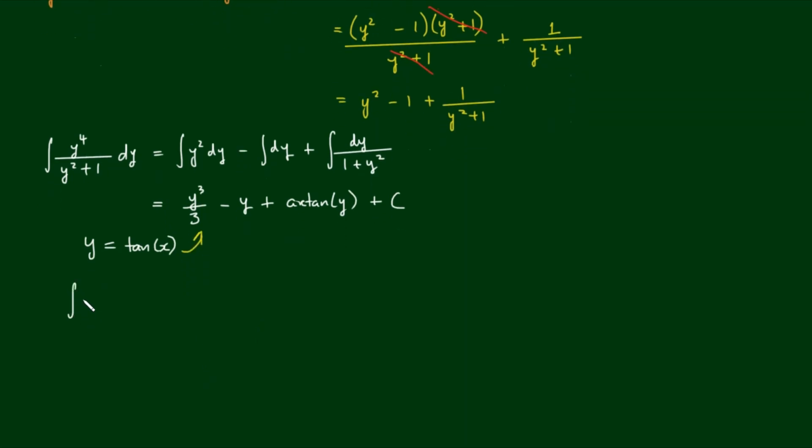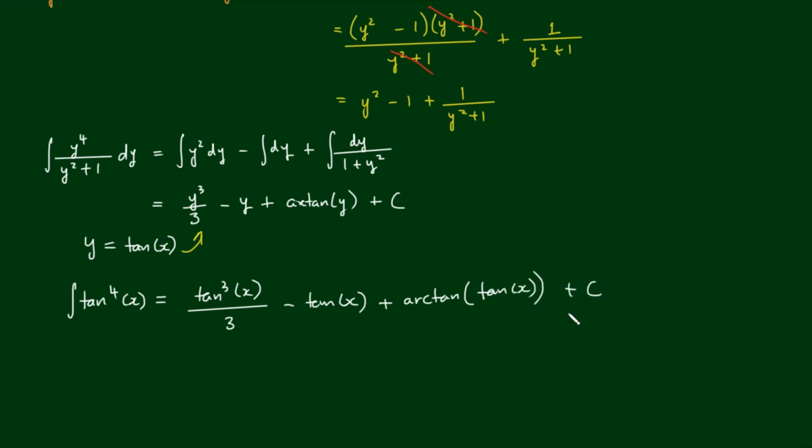So that's the integral of tan to the fourth power of x is equal to the tangent cubed of x over 3 minus the tangent of x plus the inverse tan of the tan of x plus c. And of course the inverse tan of the tangent will simply cancel each other out, and we are left with x.